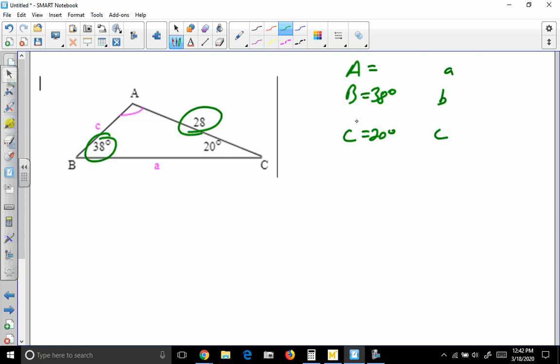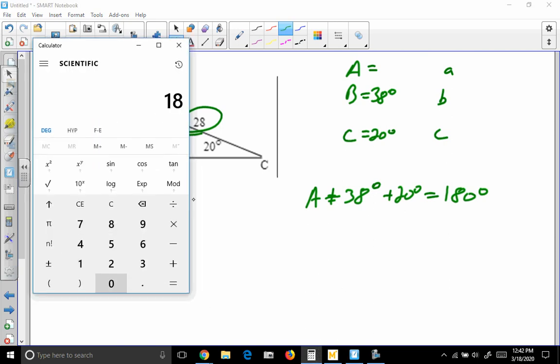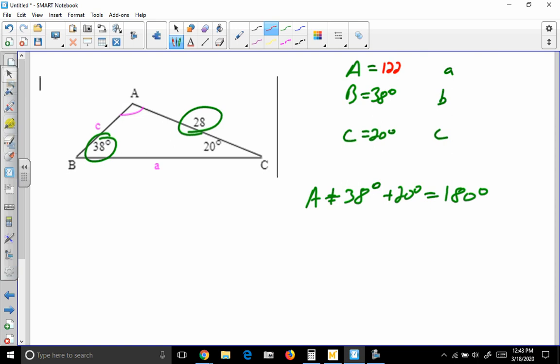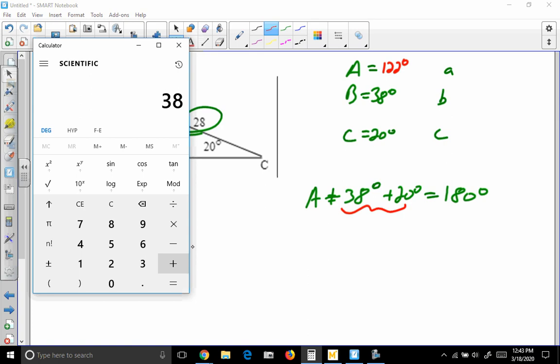Since the angles inside a triangle add up to 180, we can write A plus 38 plus 20 equals 180, and then solve that equation for A. If we take 38 away and take 20 away, we're left with 122 degrees for angle A. Also, you could add 38 plus 20 and take that away from 180, and you get 122.